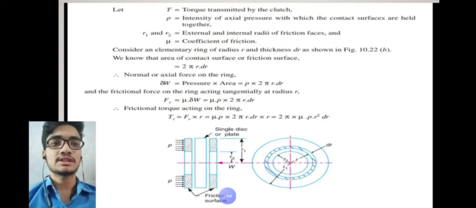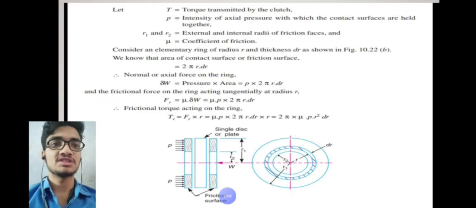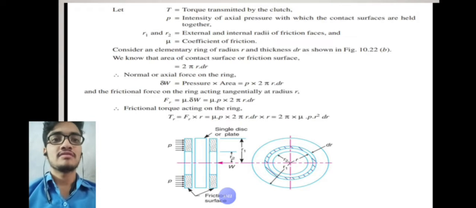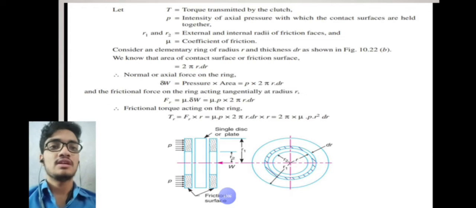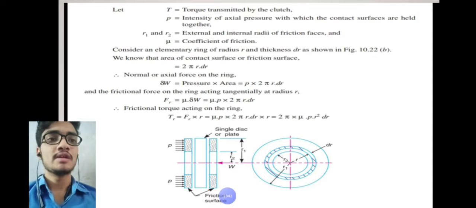As you know, the area of the contact surface of an elementary ring is 2 pi r dr. Normal force on the ring is dW equal to pressure into area, which is P into 2 pi r dr. Frictional force Fr is equal to mu into normal force, which is mu P into 2 pi r dr. Therefore, frictional torque acting on the ring is T equal to Fr into r. By substituting the Fr value, finally we get 2 pi mu P r square dr.